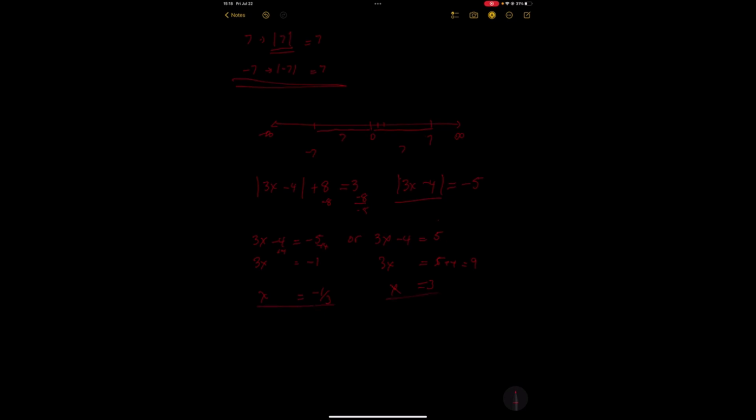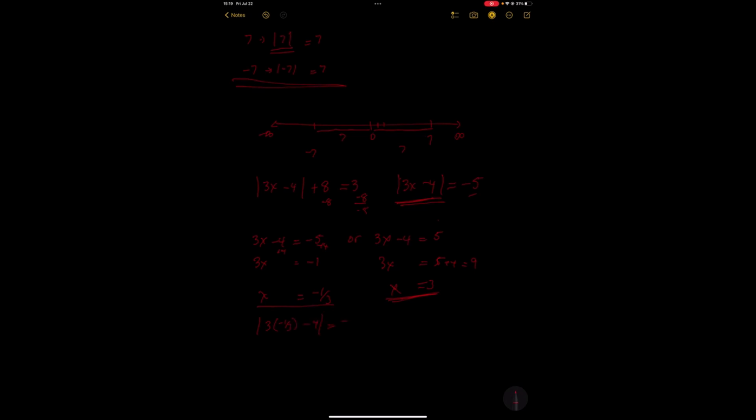Now the thing is, we have to check to see if those numbers are right. If I put negative 1 over 3 in this case, will it give me negative 5? If I put 3 in this one, will it give me negative 5? Let's see. So negative 1/3. So we have absolute value of 3 times negative 1 over 3 minus 4.